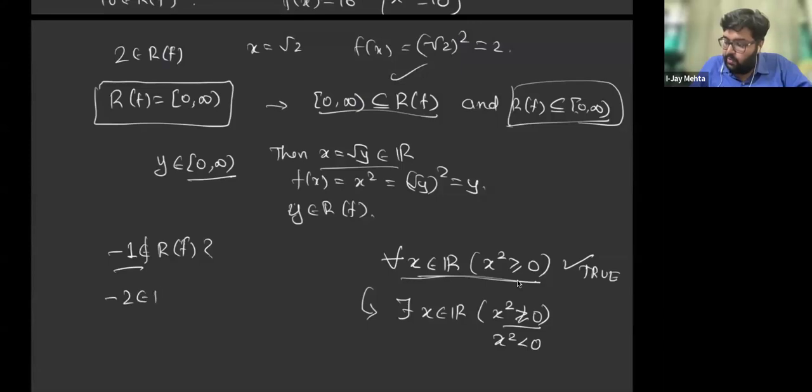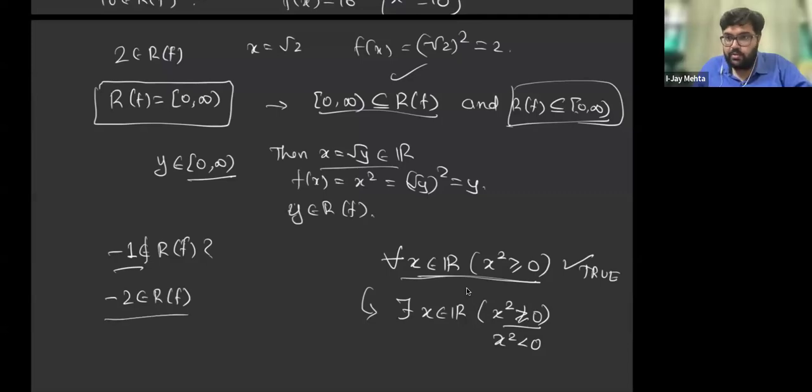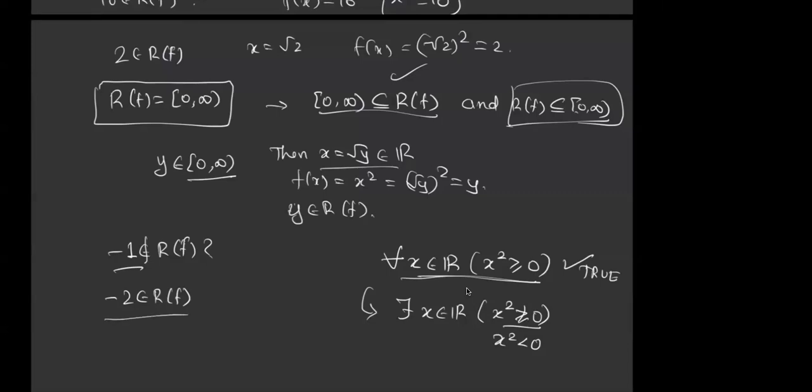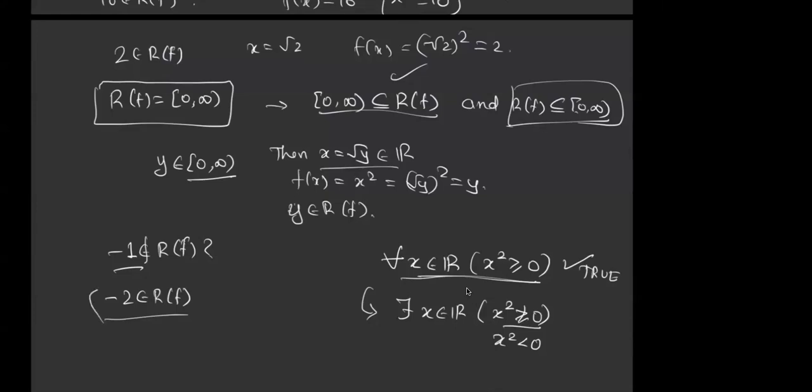What about minus 2? Is it in the range? Parul, minus 2, is it in the range? No, sir. Why? Because we can't find any x whose square is smaller than 0. What does this mean?